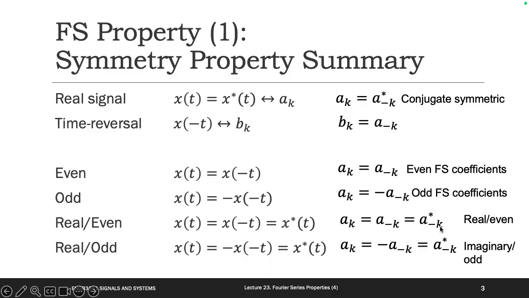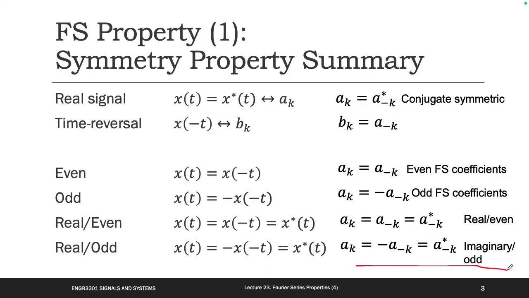And also you can observe the FS coefficient and tell what kind of signal you are dealing with. For example, if you find the FS coefficient a_k equals a_{-k} equals a_{-k} conjugate, your signal is real and even. Am I right? Okay, and it is similar for this situation.